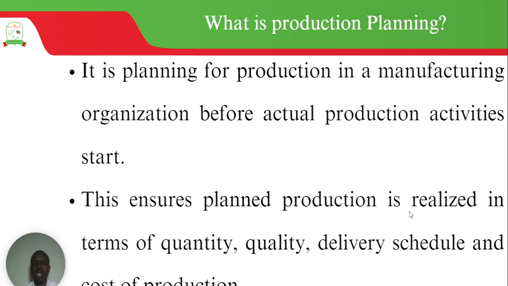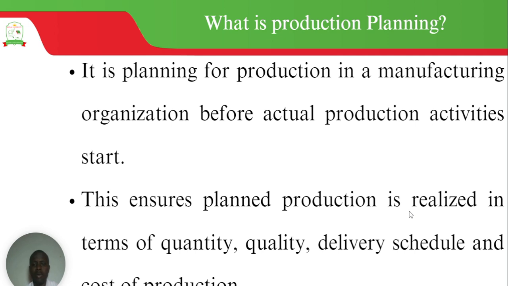So it is the same planning that we are bringing now to production, so that we can be efficient, we can be effective, we can deliver the correct goods and services that customers are expecting from us. We can meet customer expectations. We can take care of our company image by giving quality products and so on and so forth.